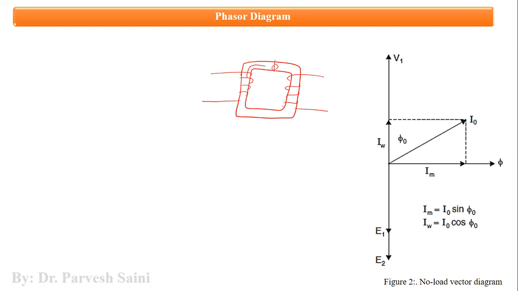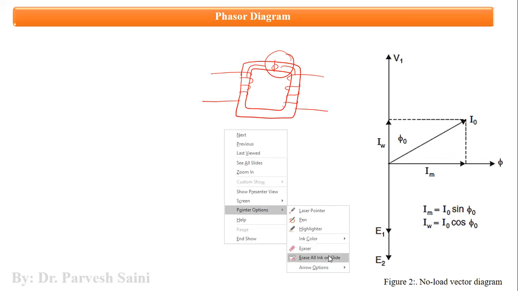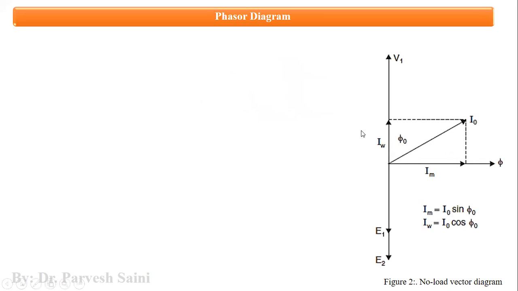The flux flows here, so flux is the common parameter, and that is why we have taken the flux on the x-axis, the horizontal axis. This is the reason. Now, taking flux as a reference, we will draw all other phasors in this particular phasor diagram.